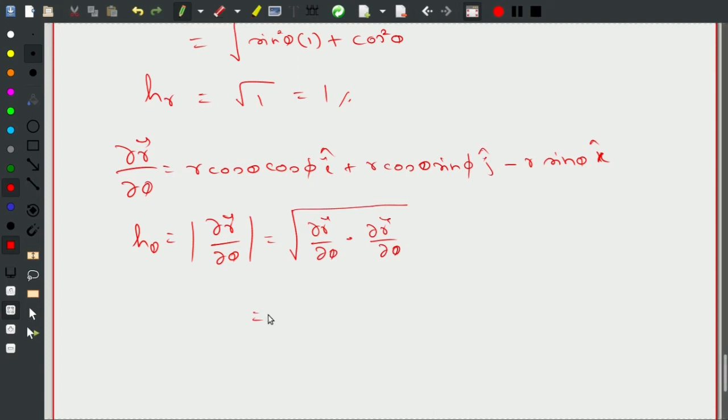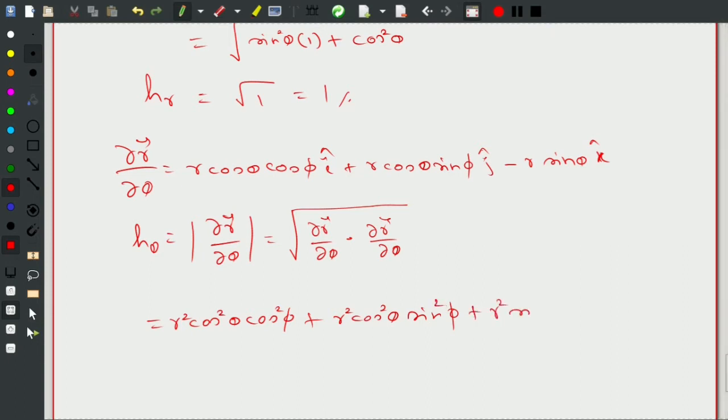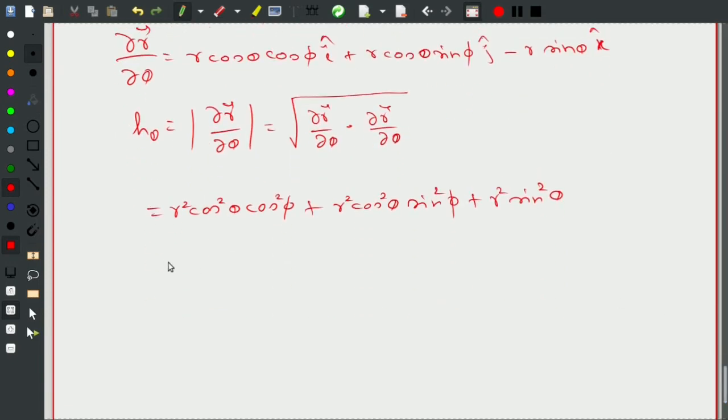So we will have r² cos²θ cos²φ plus r² cos²θ sin²φ plus r² sin²θ, right? And we also have a root here, so it is to the power 1 by 2.